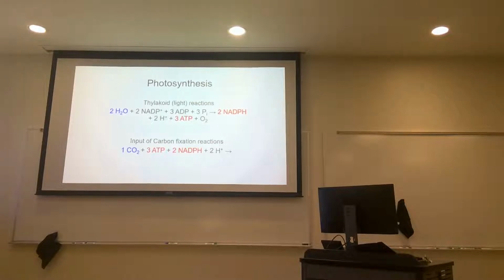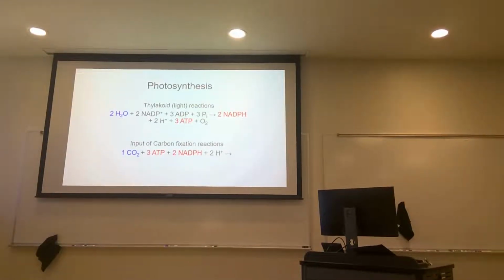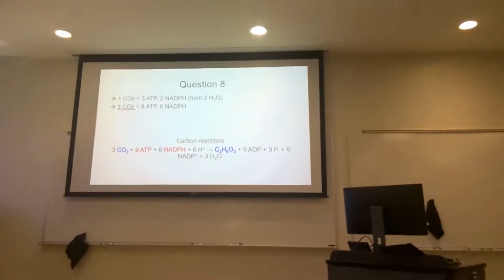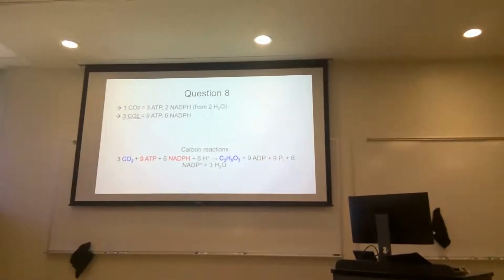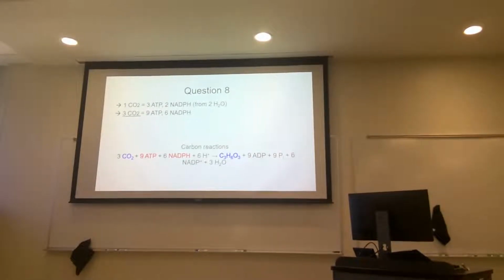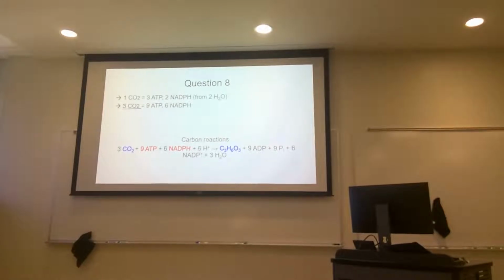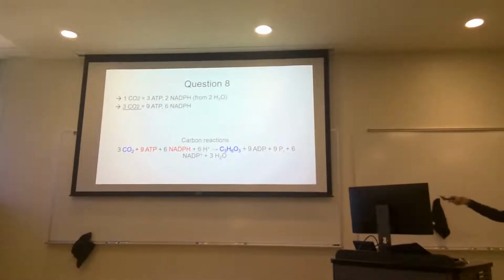So it takes energy for the plant to release energy. So 3 CO2s would be 3 of these runs. And that's the overall equation of the carbon reaction.